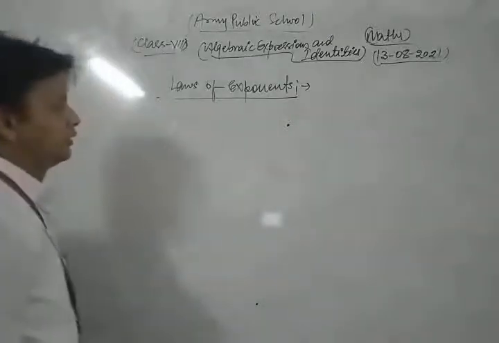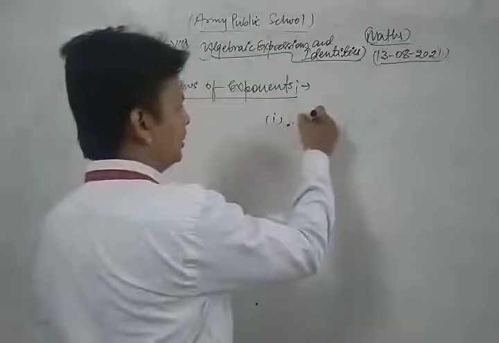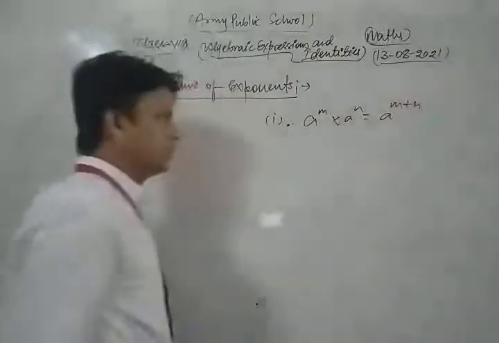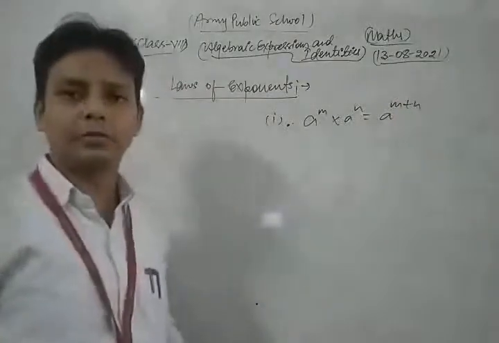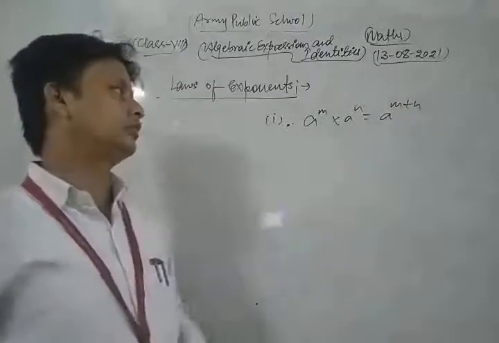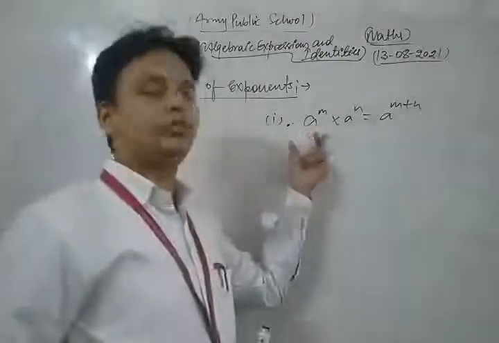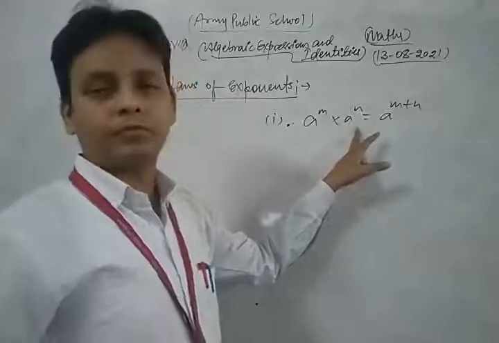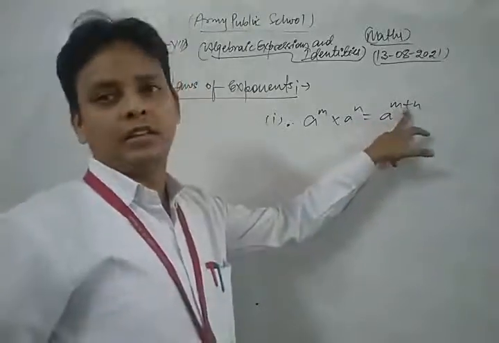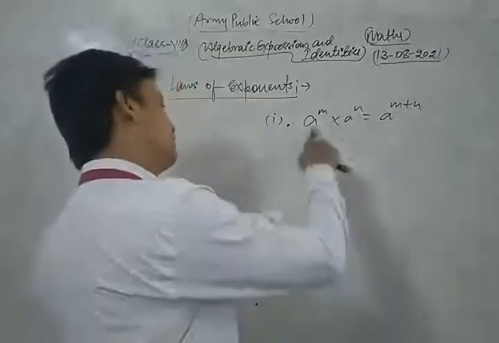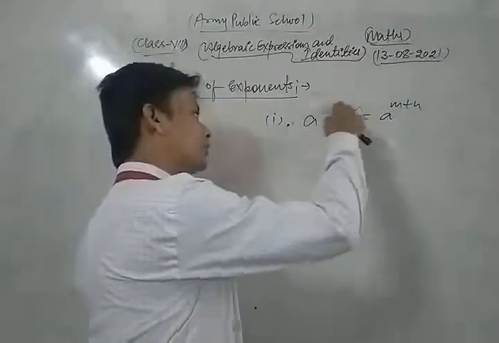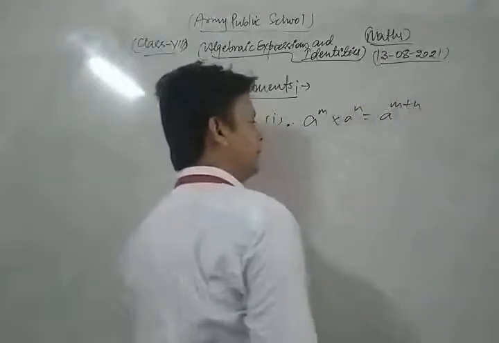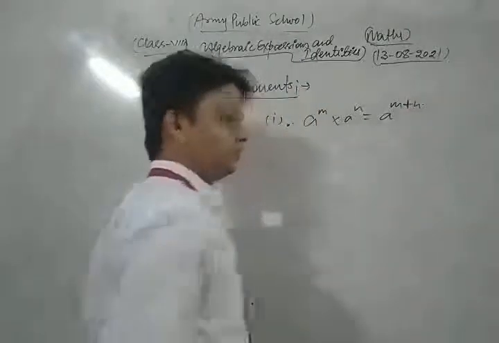The first law is: if we have a to the power m into a to the power n, we write it as a to the power m plus n. It means if two variables are multiplied, then after the product we add their powers. If the bases are the same and they are multiplied, then the product is equal to a to the power m plus n.